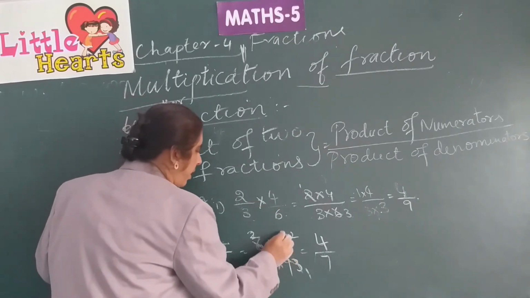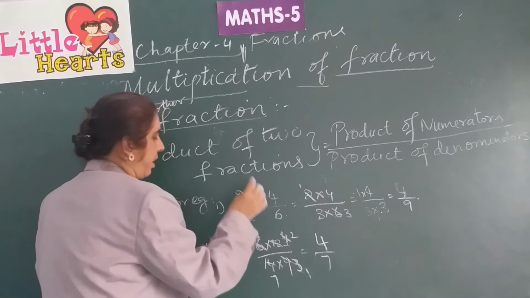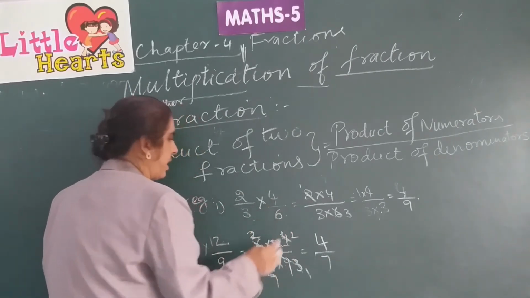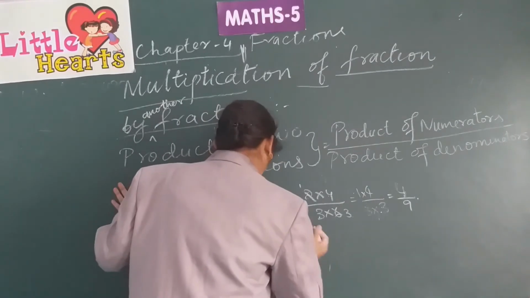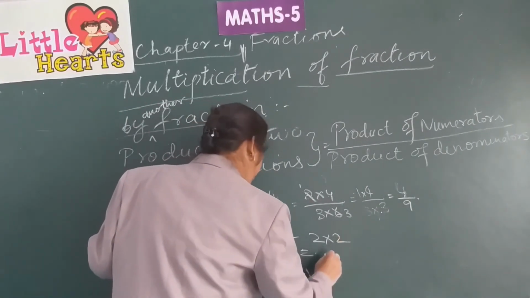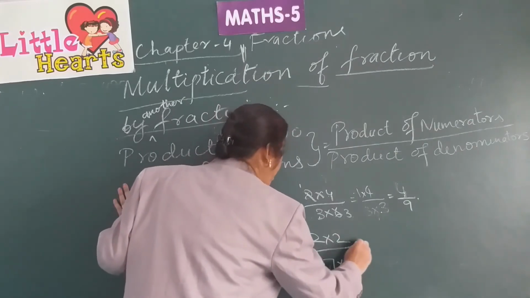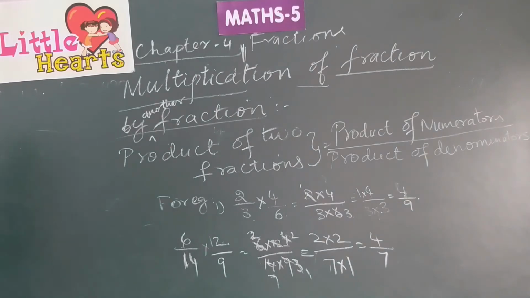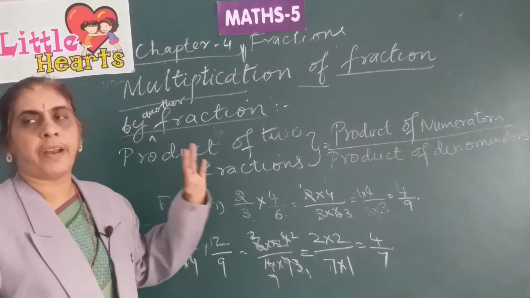Now the leftover numbers are 4 and 14 here. So 2 twos are 4, 2 sevens are 14. So the final answer is, what are the leftover numbers here? 2 into 2 by 7 into 1, that is 4 by 7. It is the final answer. It is a proper fraction.